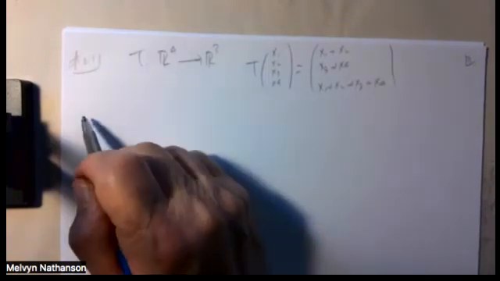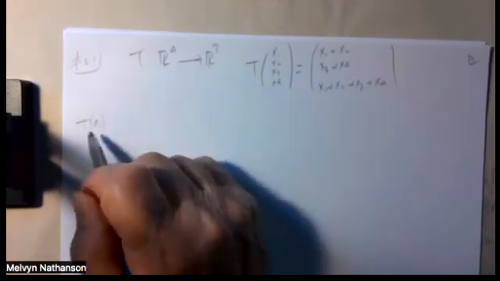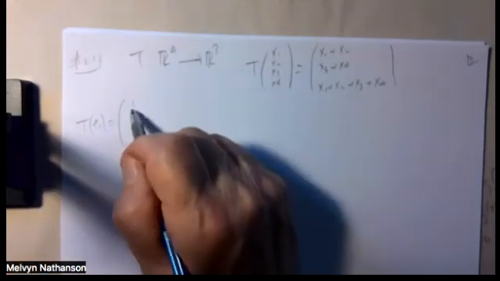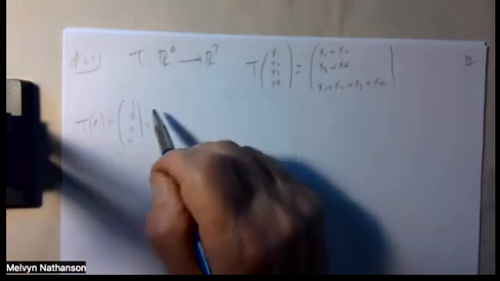So for example, T of your first standard basis vector 1, 0, 0, 0: when x1 is 1 and the other coordinates are 0, you get 1, 0, 1.